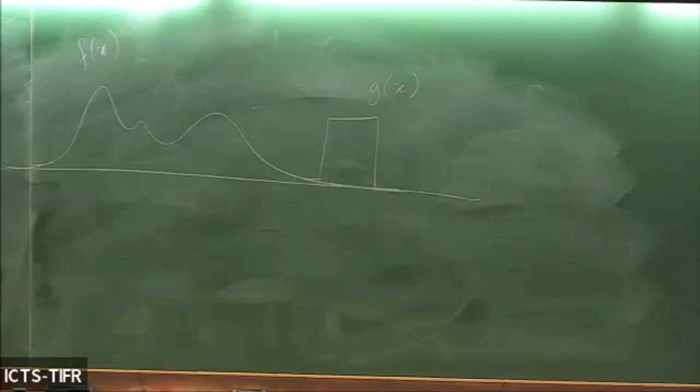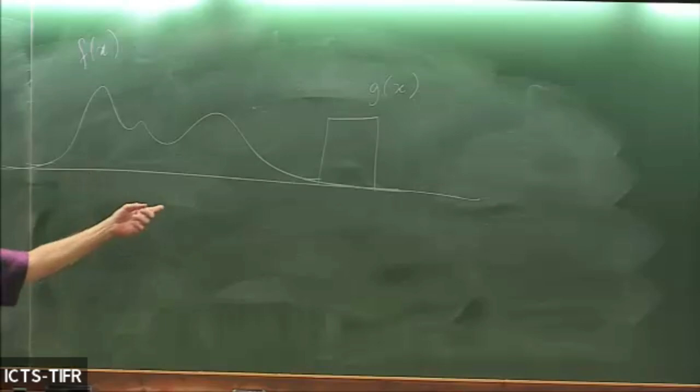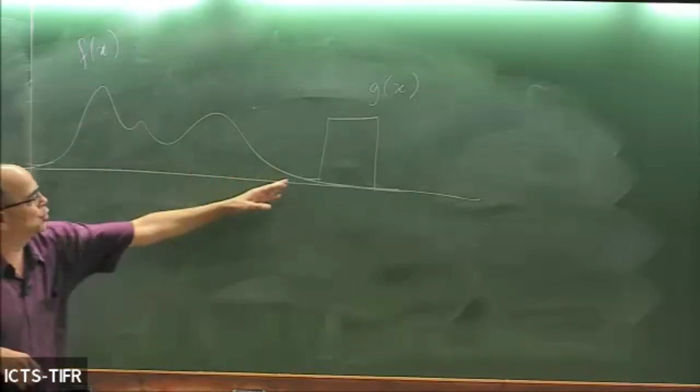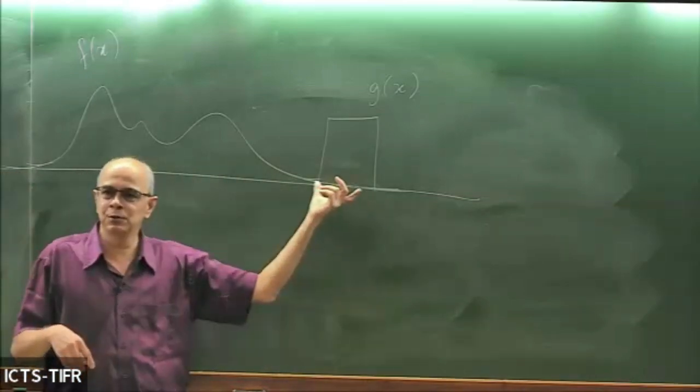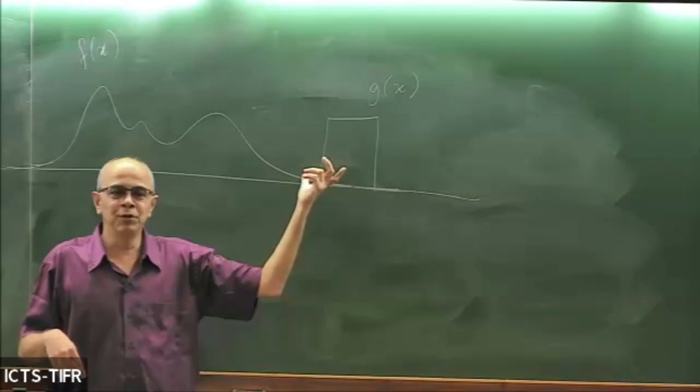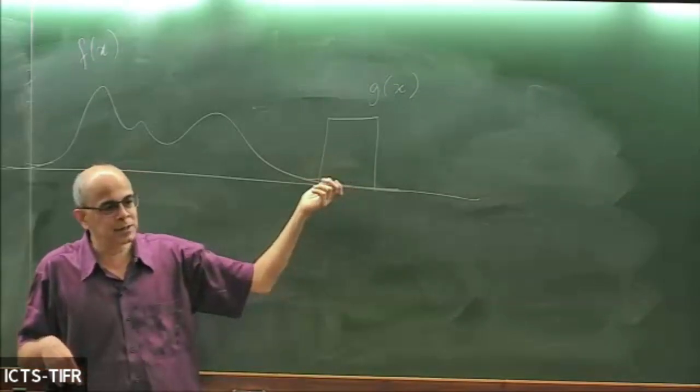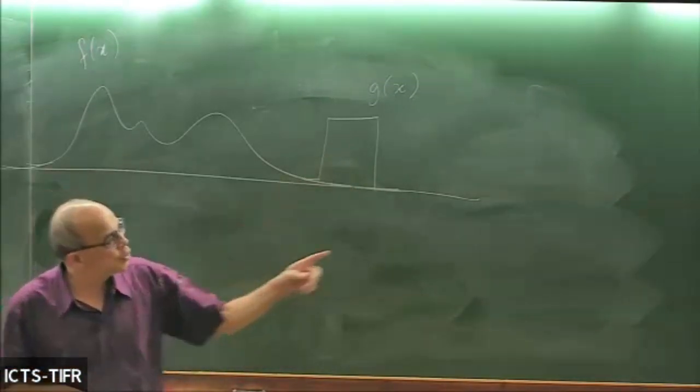What will happen when you just take the product of these two? Basically, in most places the product will just turn out to be 0, right? Here it is 0 because g of x is 0. Here f of x is close to 0, so the product is close to 0. And so when you want to evaluate such integrals, what's the right choice of p of x?